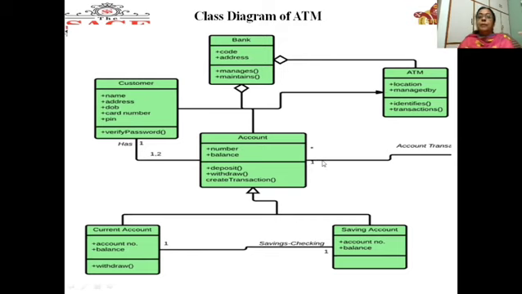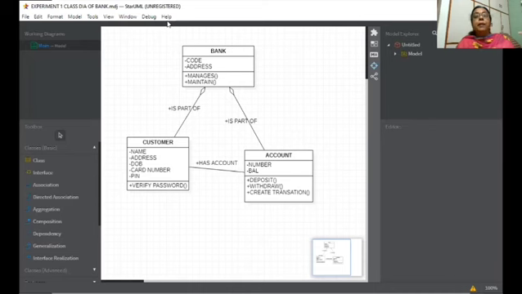Now we will start the class diagram of ATM. Just a minute, I will share my screen. I have clicked on Star UML and already made this bank class, customer class and account class.